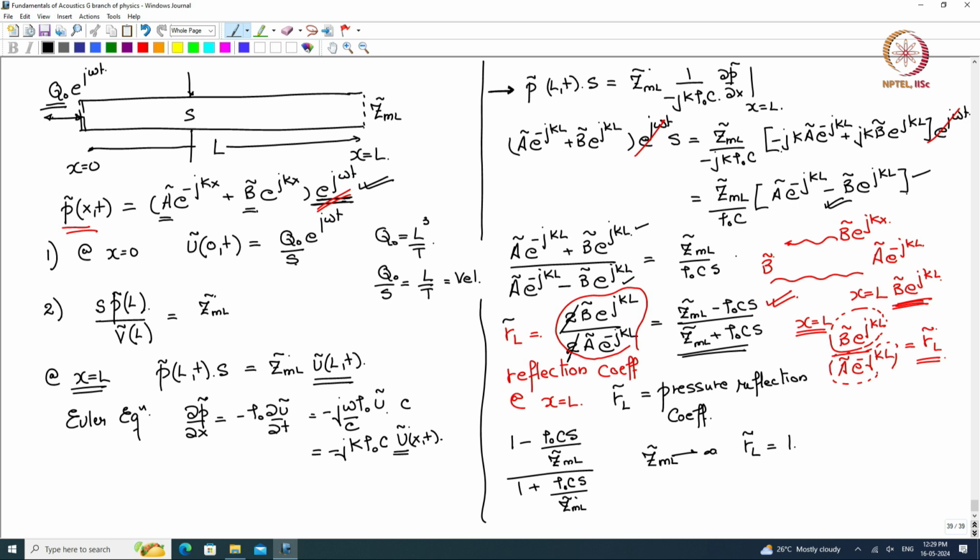Okay, so this is the closed ended pipe. When RL is 1, this is a closed ended pipe.